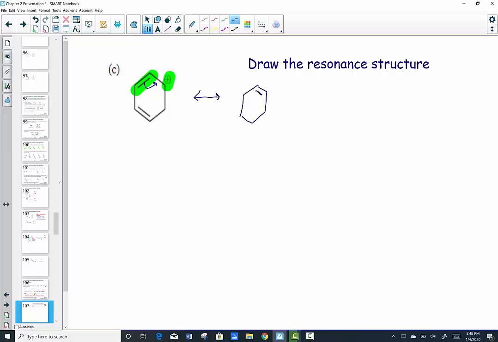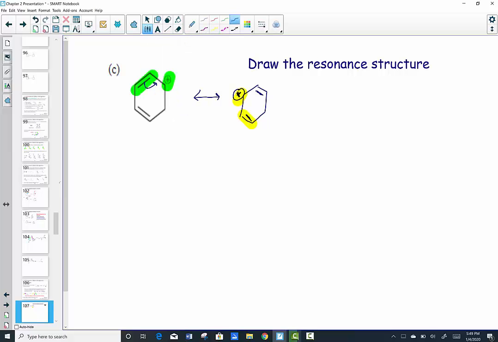The pi bond is now here, and the positive is now here. And this bond is still located in the same position. Now I meet a new criteria: this pi bond is in the correct position, the allylic position, for a second resonance structure.